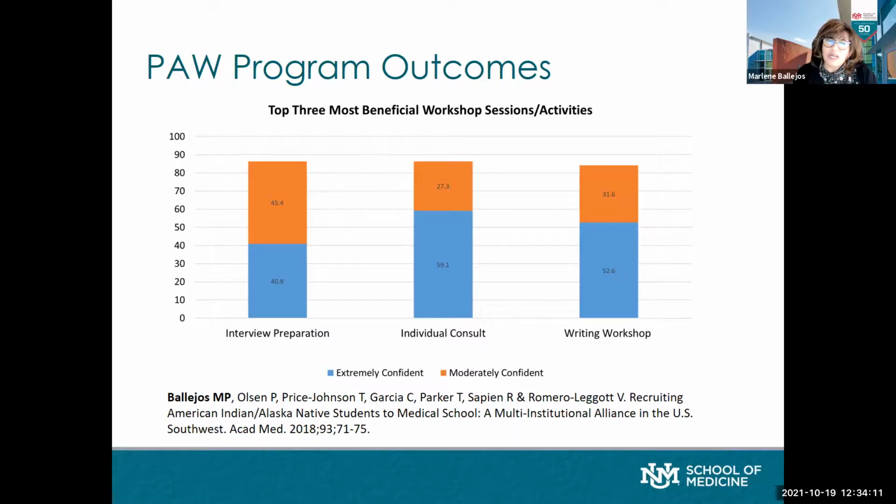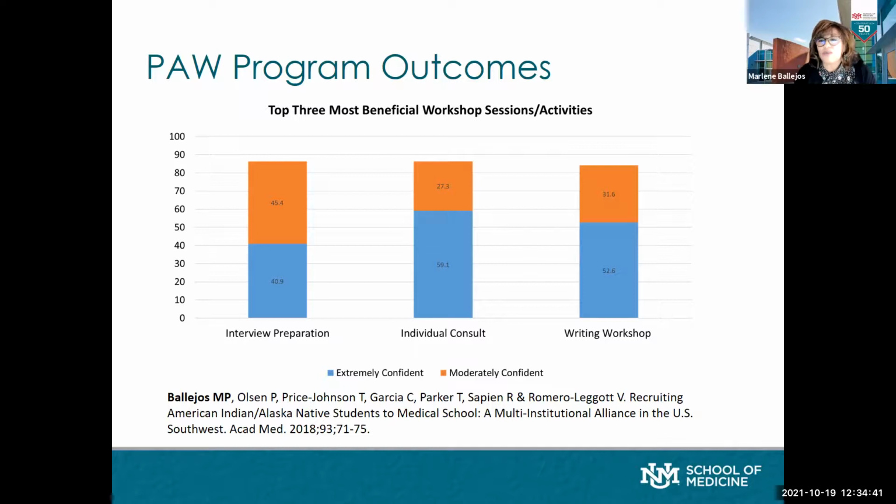With the interview preparation, we have admissions officers from each group, and they talk about how to prepare for the medical school interview. And then we had individual consultations from all the deans of the schools. They met individually with each of these participants to go over their application and give them feedback about how they can improve it.